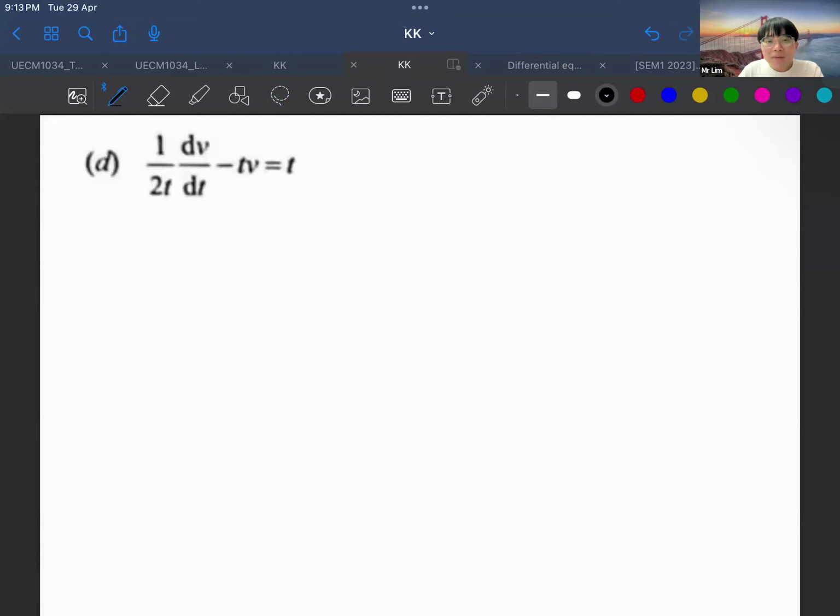What does it mean by 2 methods? At the first moment, maybe you're still not able to see it. Why two methods? They purposely write it in this way so that you might think it is a linear differential equation, right? Why?